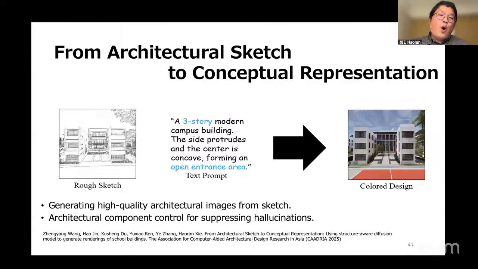One of our works goes from an architecture sketch to a concept representation. The input is a rough sketch and a text prompt with concrete requirements, for example a three-story building with an open entrance area. We want the result to meet these requirements.